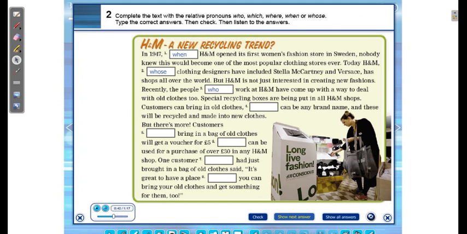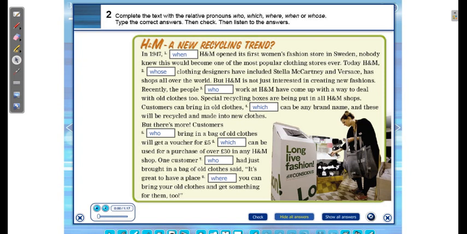Special recycling boxes are being put in all H&M shops. Customers can bring in old clothes, which can be any brand name, and these will be recycled and made into new clothes. But there's more! Customers who bring in a bag of old clothes will get a voucher for £5, which can be used for a purchase of over £30 in any H&M shop. One customer who had just brought in a bag of old clothes said, "It's great to have a place where you can bring your old clothes and get something for them too."